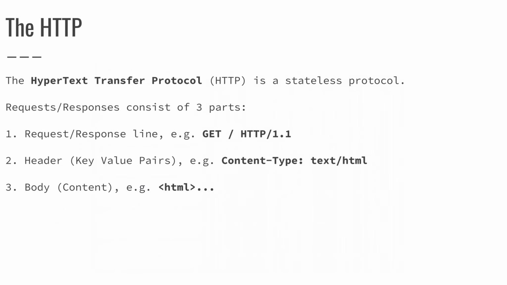HTTP, the Hypertext Transfer Protocol, is a fairly simple text-based protocol. It is stateless. What that means we will see when we look at sessions, because that has big security implications. Essentially, stateless means the web server never knows who you are when you issue a request, even if you have issued a request before.